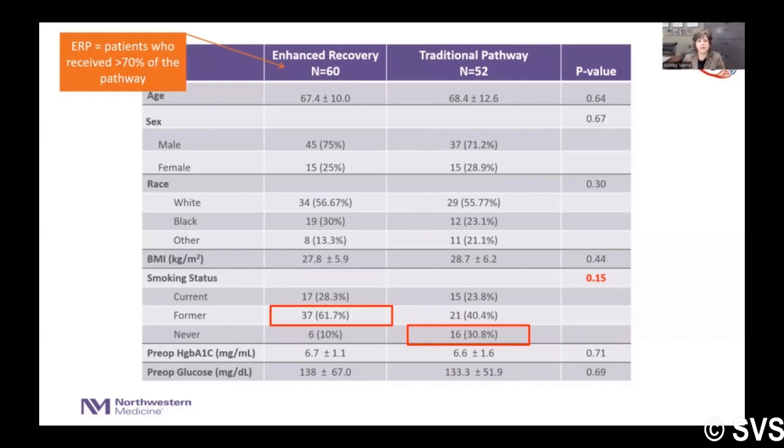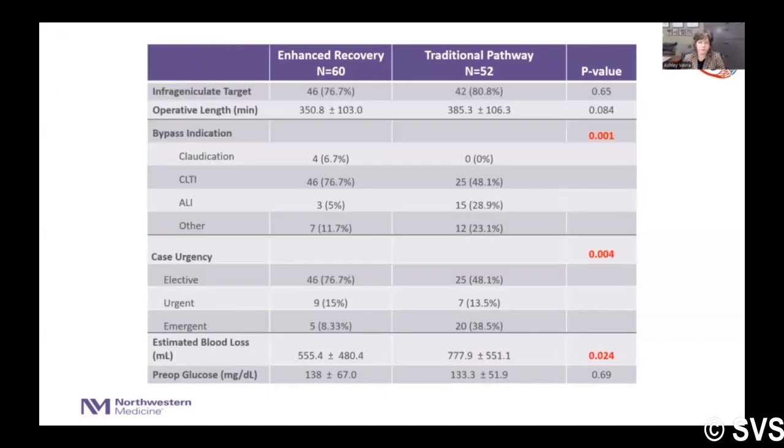You can see the demographics here. They were very similar, with some small differences in whether they were former or never smokers, not significant from my perspective, although statistically so. For the surgeries that they received, the vast majority of patients had an infrainguinal target, with similar operative time. But there were some differences in both the urgency and bypass indication.